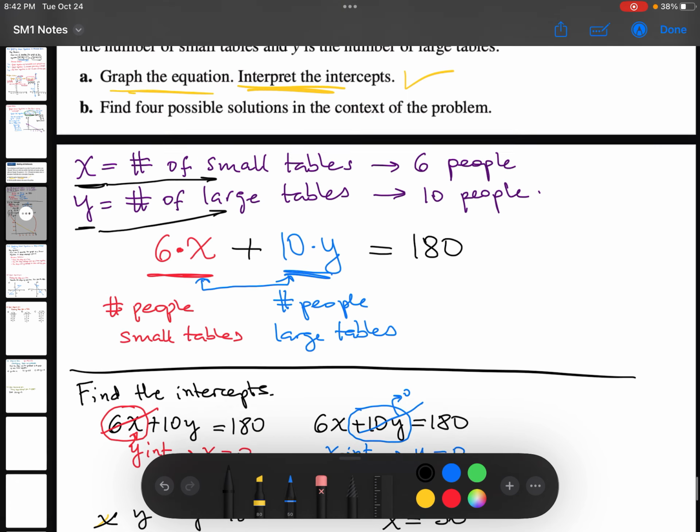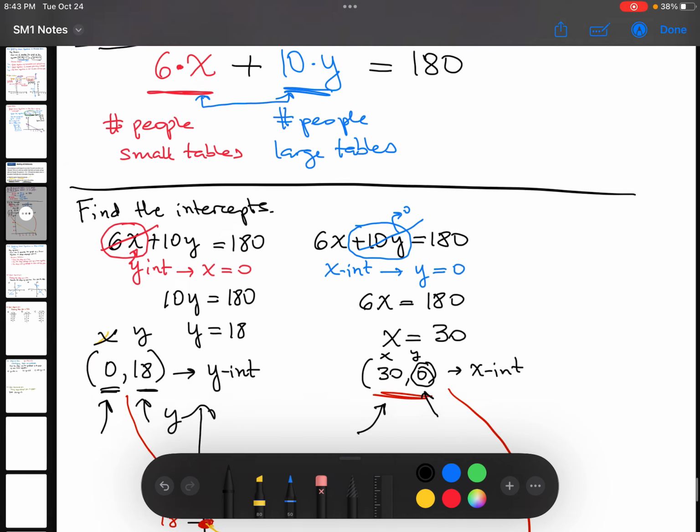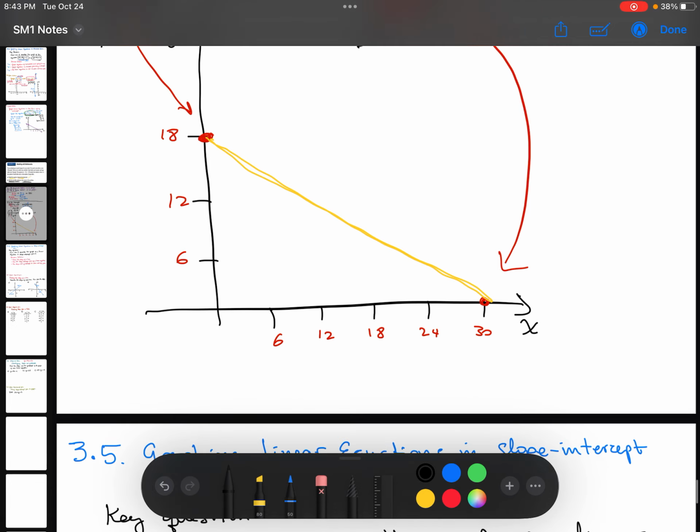Now, they are also asking us to find 4 possible solutions in the context of the problem. I'm going to analyze our graph. Can you see that the number of small tables can only take me to situations like this, this, this, and this. I'm going to use technology later because my drawings are not the best, although you can do this manually for now.